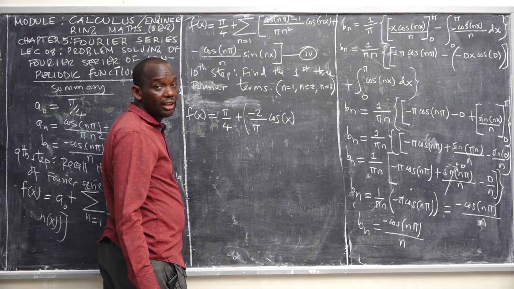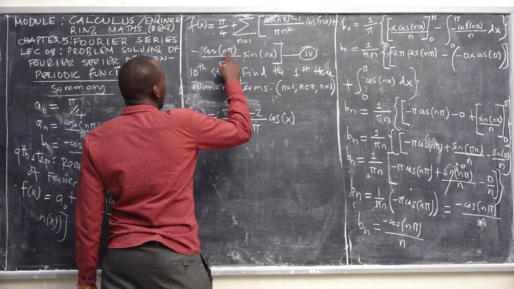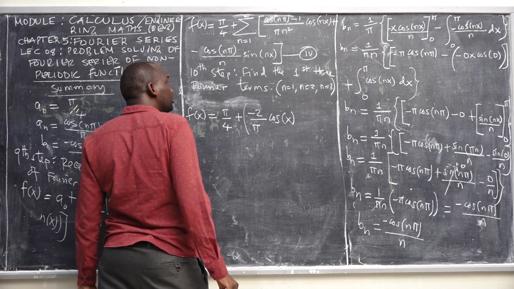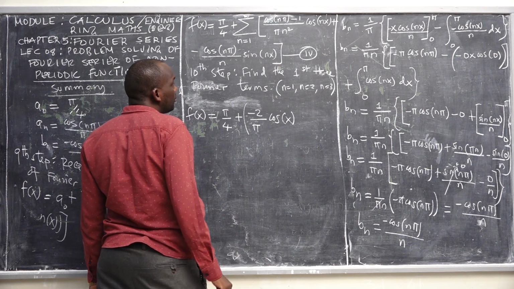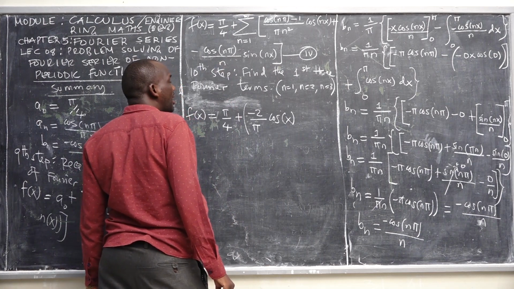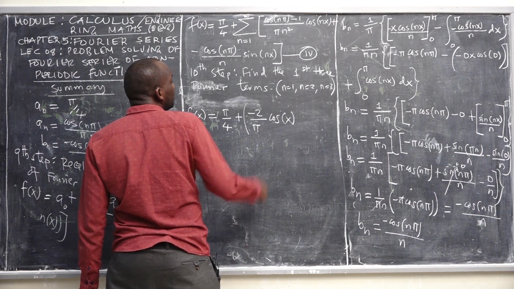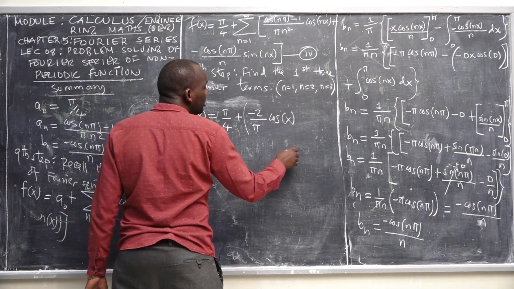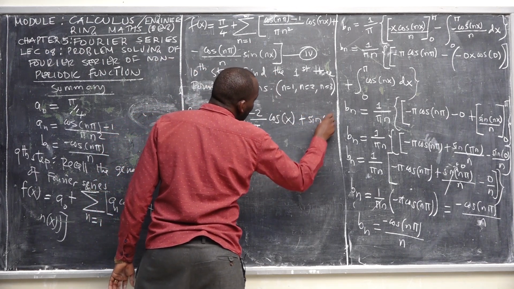Are we together? Next, when n is equal to 1, cosine of pi is negative 1 times negative, positive 1 over 1. So 1 over 1, 1. Then sin x, 1 times sin x.